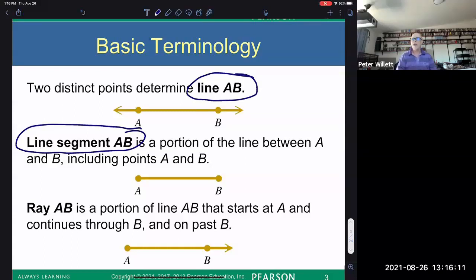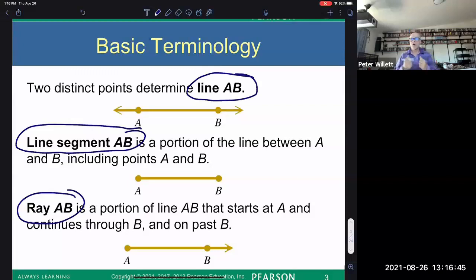So a ray is a line that basically starts at a point and goes off in a direction and keeps going, but it didn't go backward behind the point before that. So in this case, the ray AB, as demonstrated here, that's our third version of an AB line, is a ray. It started at point A, went through B, and just kept going.